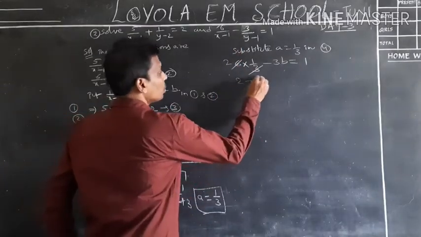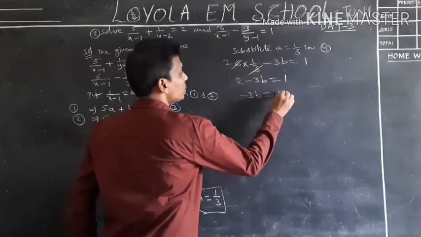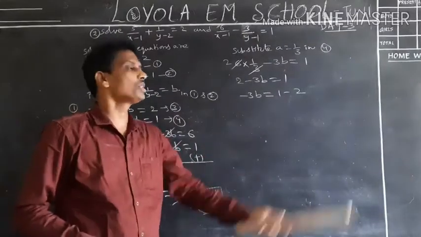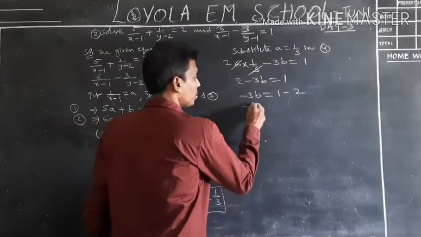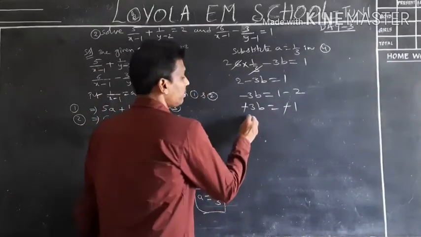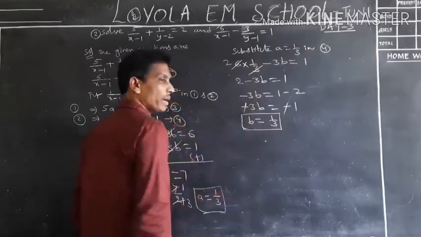So that is 2 minus 3b is equal to 1. Minus 3b is equal to 1 minus 2. Why? Because this plus 2 goes to the right hand side, the sign changes. Minus 3b equal to minus 1. Minus minus also will be cancelled. Here also we get b is equal to 1 by 3.